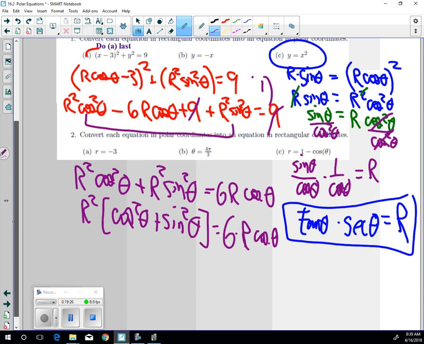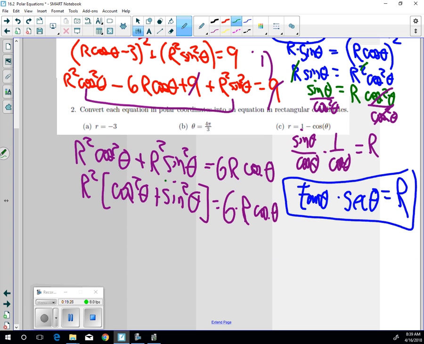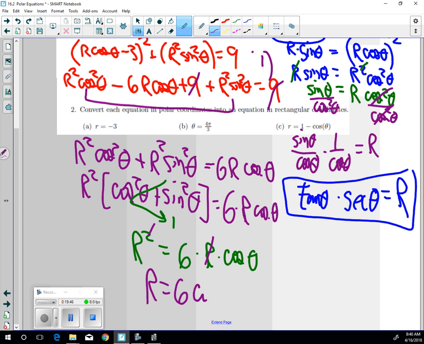So since this thing goes to 1, I'm going to get r squared equals 6 times r times the cosine of theta. And what can you divide both sides by? R. So you're going to get your answer, 6 cosine theta.